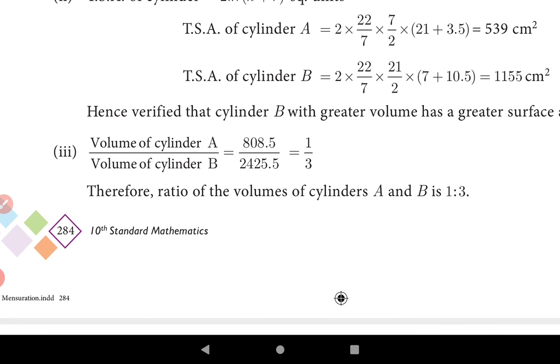Now third, volume of a cylinder A divided by volume of a cylinder B is equal to, you have to find the ratio. So it's very simple. Cylinder A volume 808.5 divided by 2425.5. So when you multiply this 808.5 into 3, you will get the ratio. So therefore the ratio of the volumes A and B is 1:3.